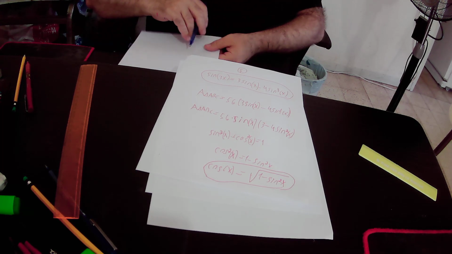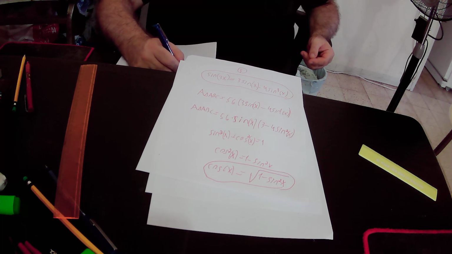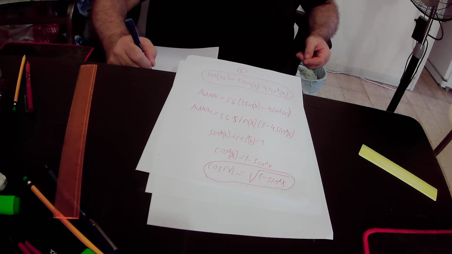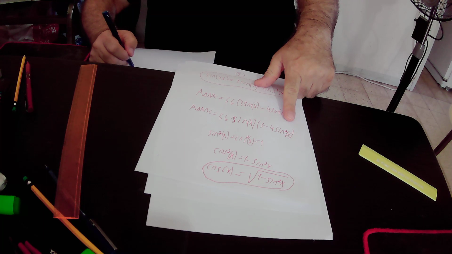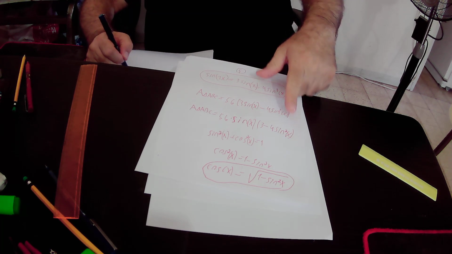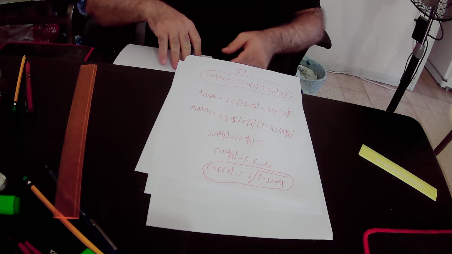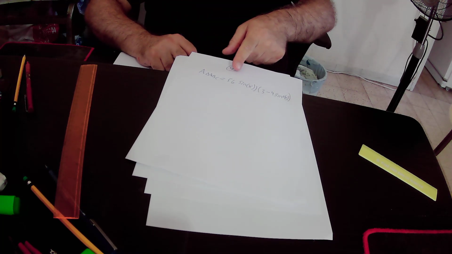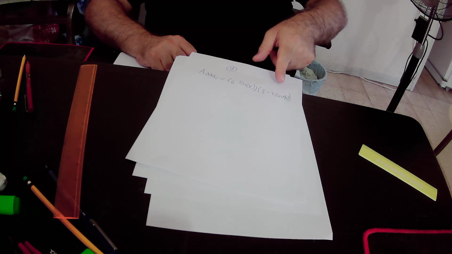Okay, so I will copy again what we have already found out, that the area of triangle ABC equals 56 times sine x, and in the brackets we have 3 minus 4 sine x squared.